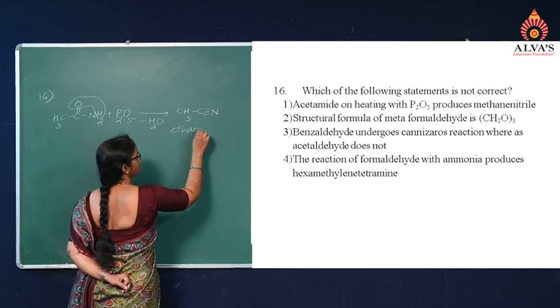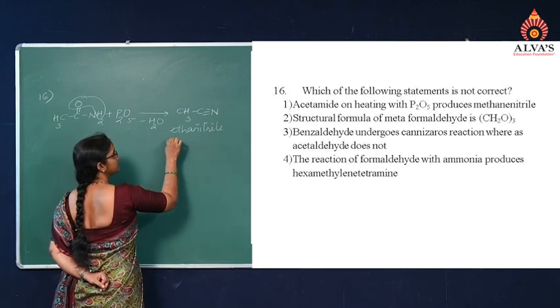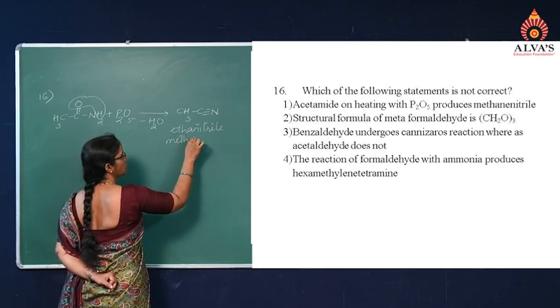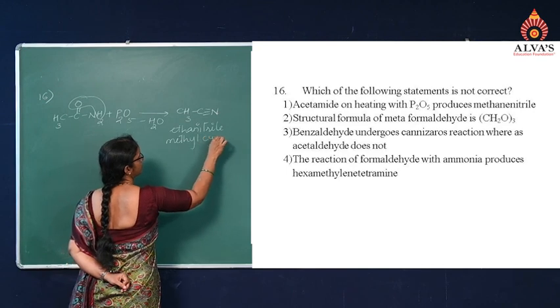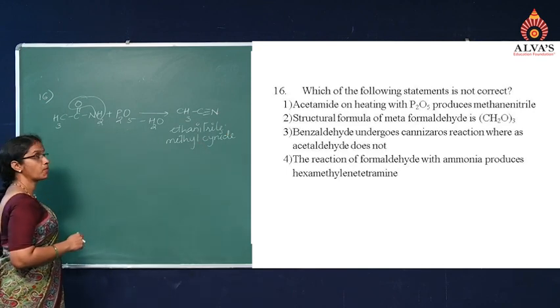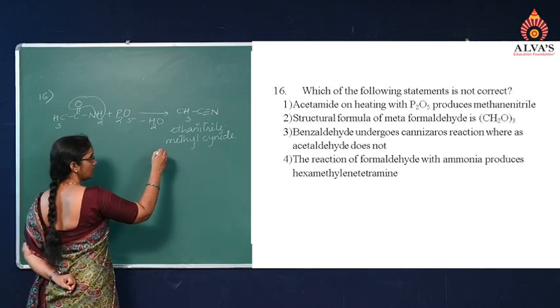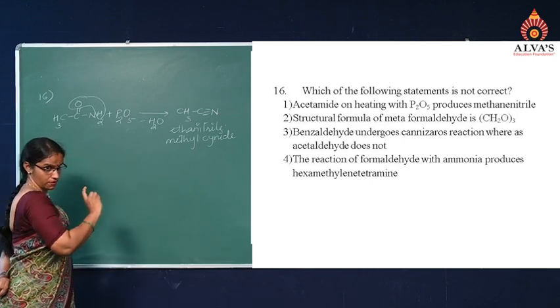Its IUPAC name is ethane nitrile, or you call it methyl cyanide in common name. The option which is given to us says that the compound is methane nitrile, which is wrong. Hence, first option is wrong.